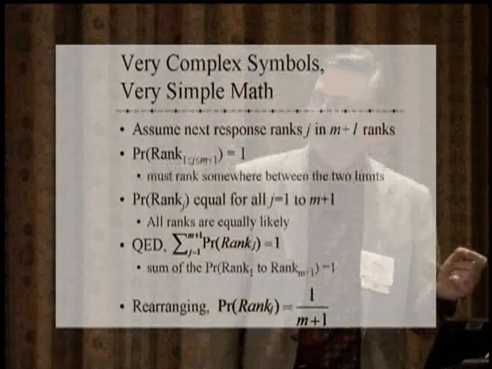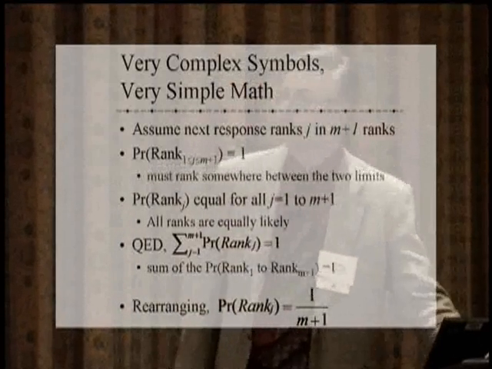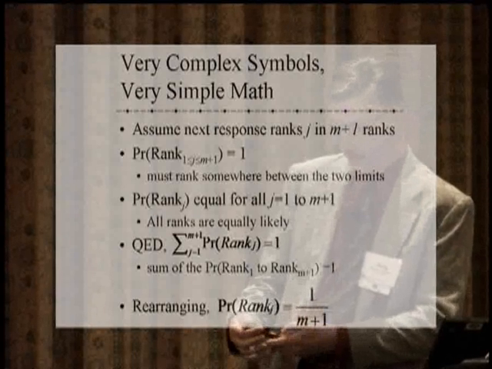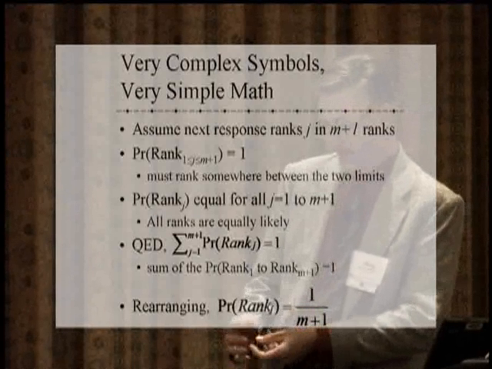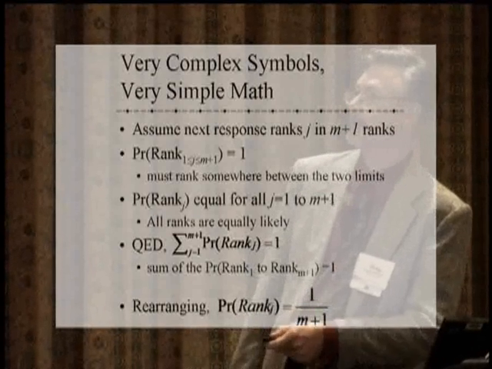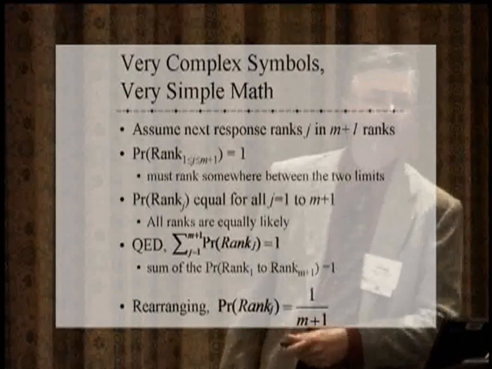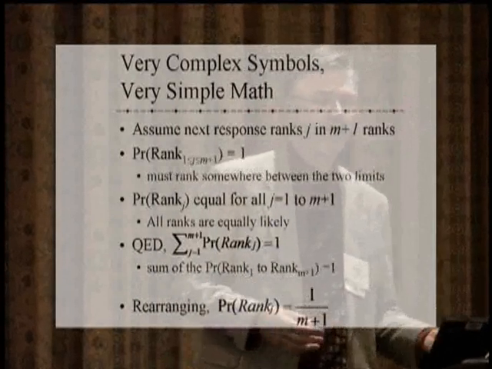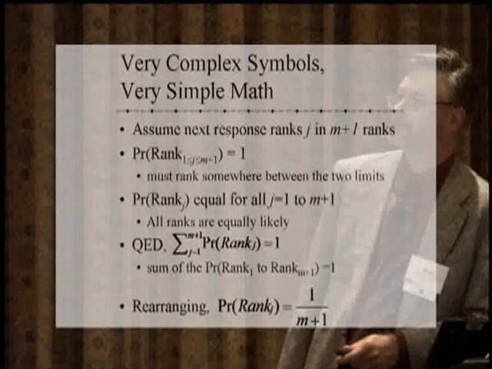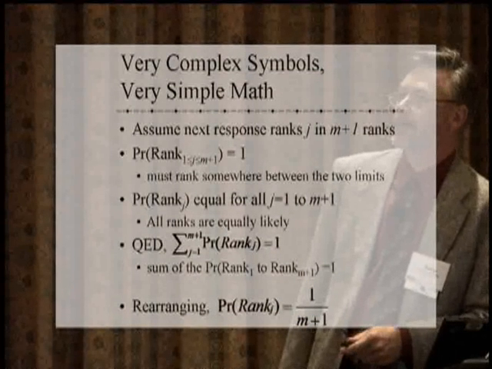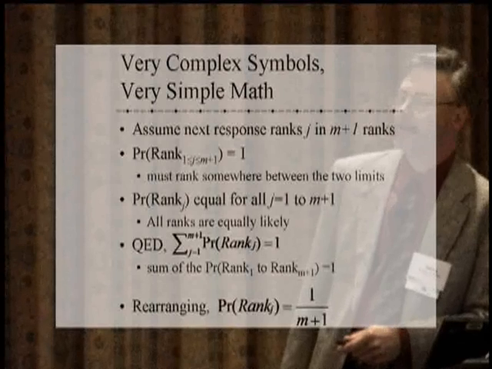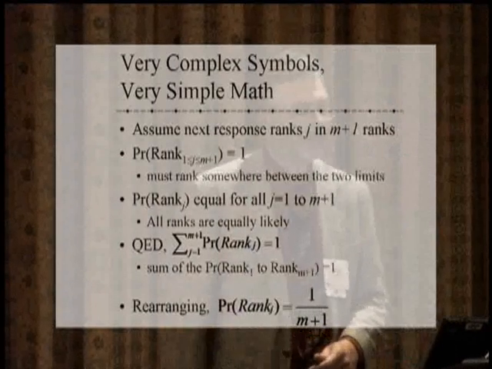We know that the probability that that rank will be somewhere between 1 and m plus 1 is 1. That just says that it's got to rank somewhere in the distribution. It has to fall along the dimension. We know that the probability of ranking any specific J is equal for all J from 1 to m plus 1.